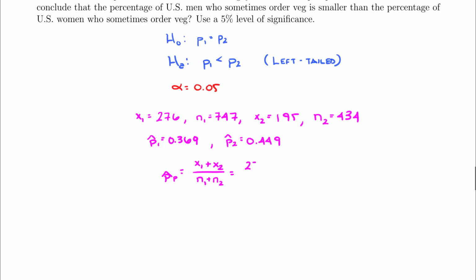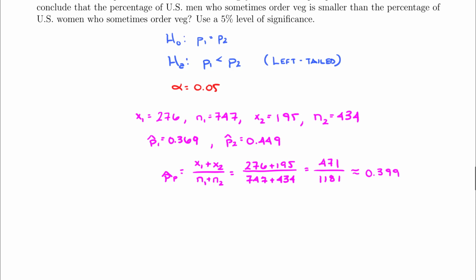So in our case, we have 276 plus 195 over 747 plus 434, and that's going to be equal to 471 over 1181, which is going to be approximately 39.9%. So 39.9% of our total sample favors vegetarian meals over non-vegetarian meals.